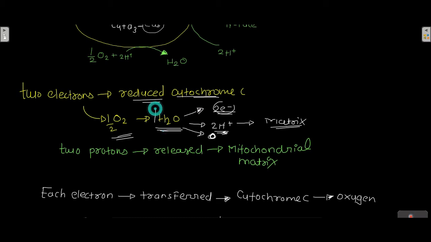That is how water is produced in the mitochondrial matrix. The 2 electrons came from reduced cytochrome C, the 2 protons came from the matrix. They were already there in the matrix, and oxygen also was there in the mitochondrial matrix.